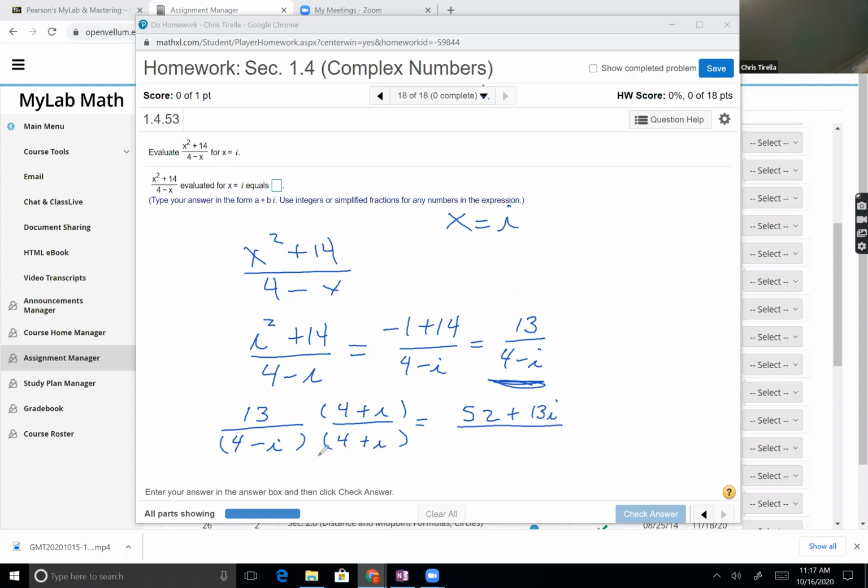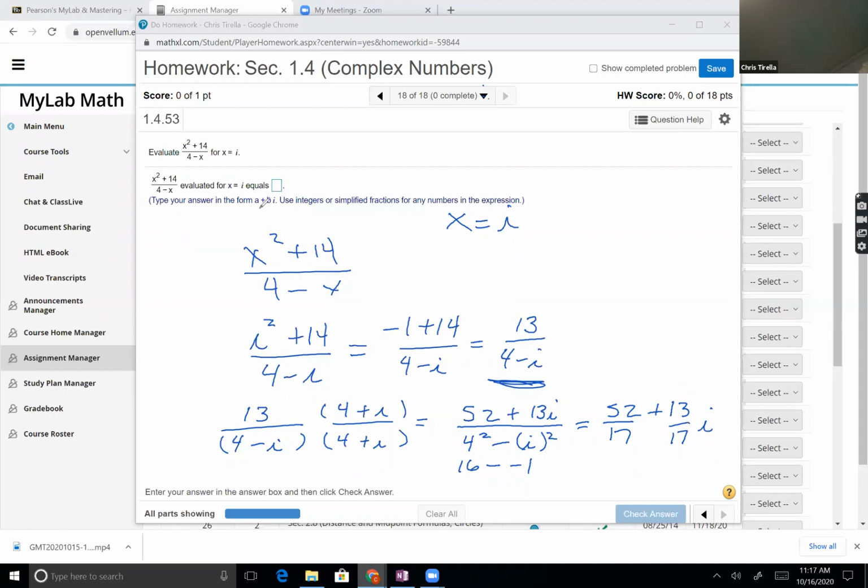Over in the denominator, I'd have 4 squared minus i squared, which is 16 minus -1, which is 17. The final answer is 52 over 17 plus 13 over 17 i.